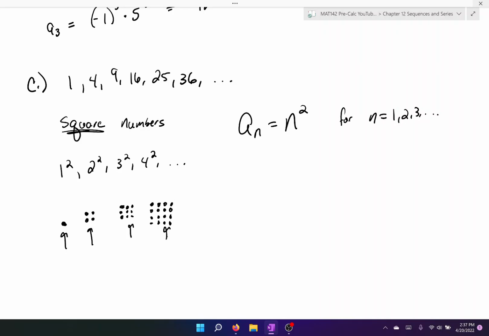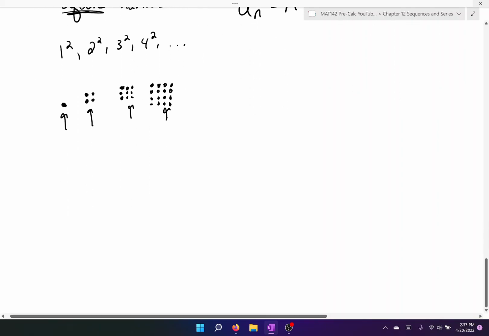Okay? Now, there are other famous types of sequences that exist. And quite possibly the one that everybody knows is the one I'm about to go over right now. But before I do that, I want to define what type of sequence it is. So we have what we call recursively defined sequences.